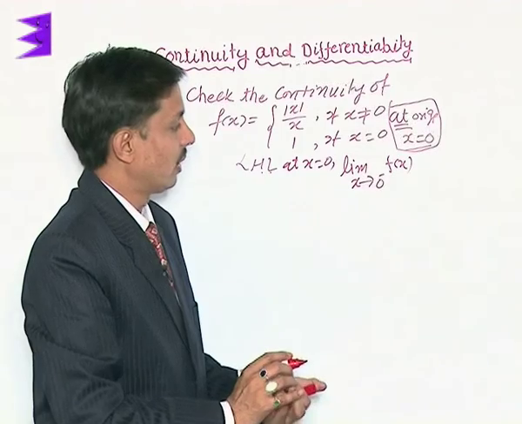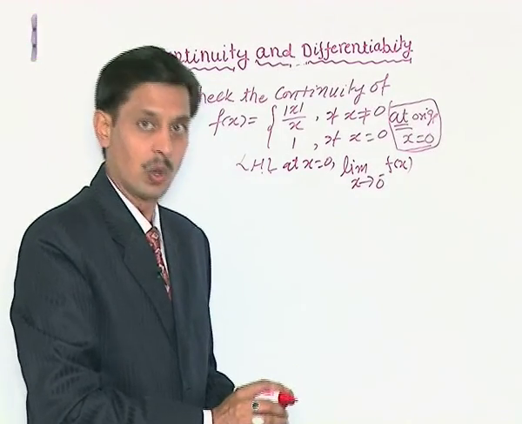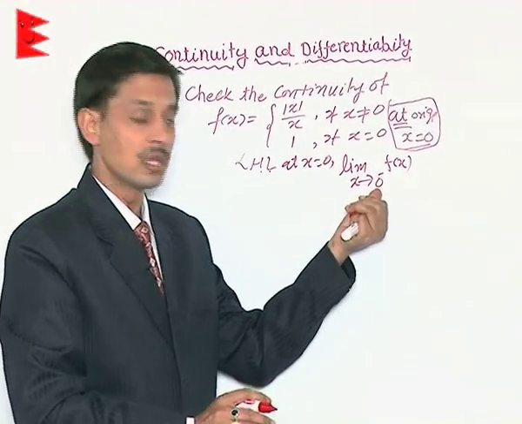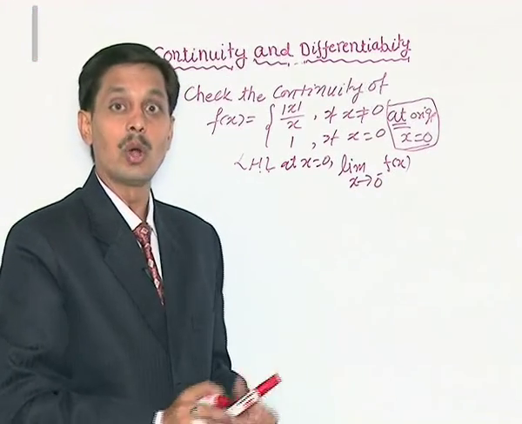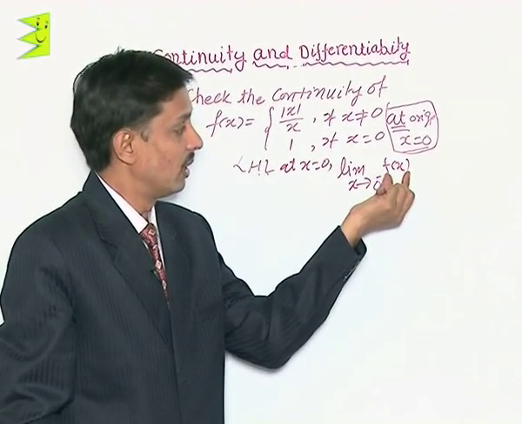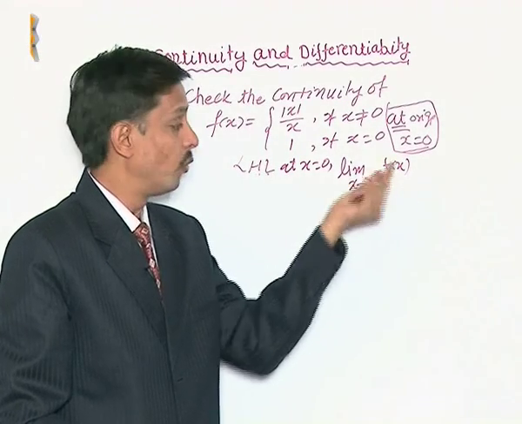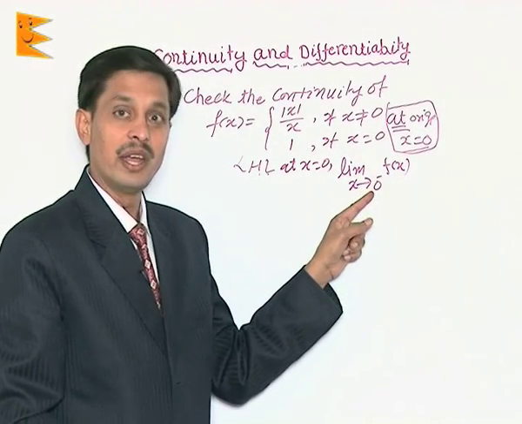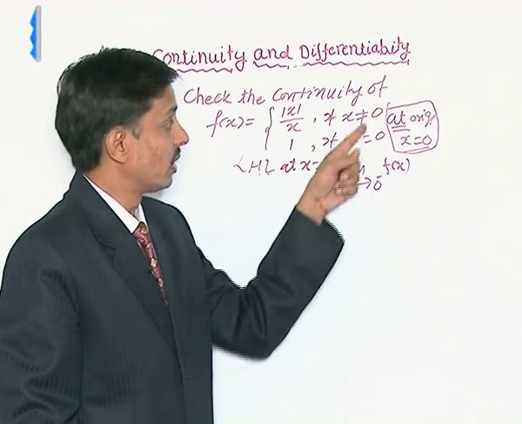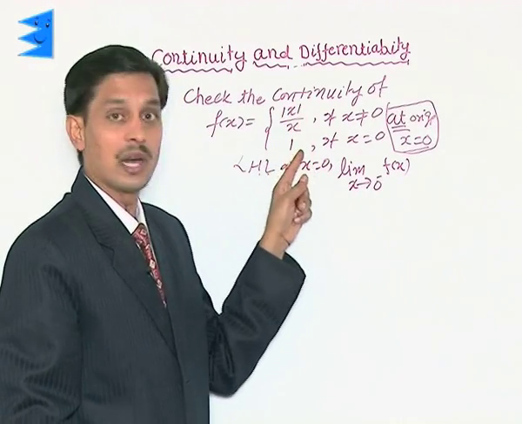Now an important fact to remember: here x tending to 0 negative I am writing to obtain the left limit, meaning we will take that part of the function where x is not 0, it is less than 0, x negative. Here the function is given in two parts.